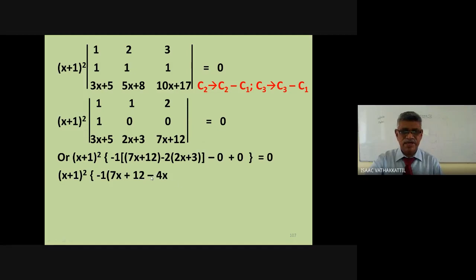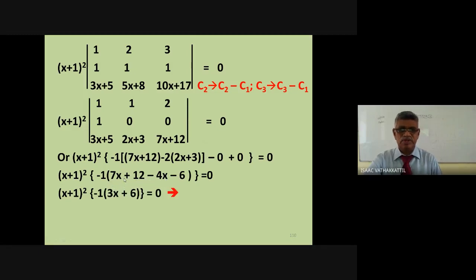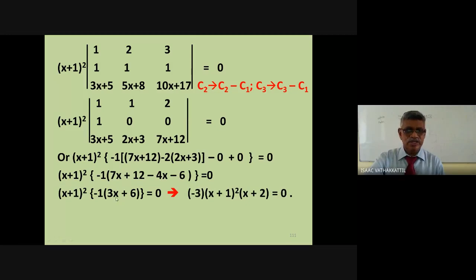Okay, you can simplify it. Minus 1 is outside. 7x plus 12 minus 4x minus 6. That is nothing but x plus 1 squared into, we can simplify, minus 1 into 7x minus 4x, 3x, plus 12. That means minus 3, 3 taken out again, minus 3 into x plus 1 squared into x plus 2 equal to 0.